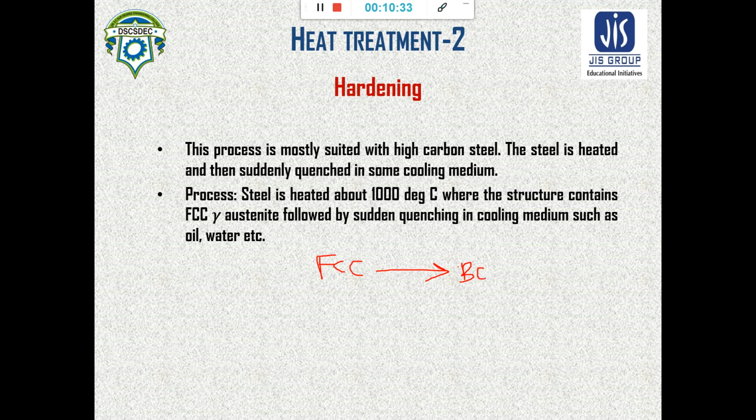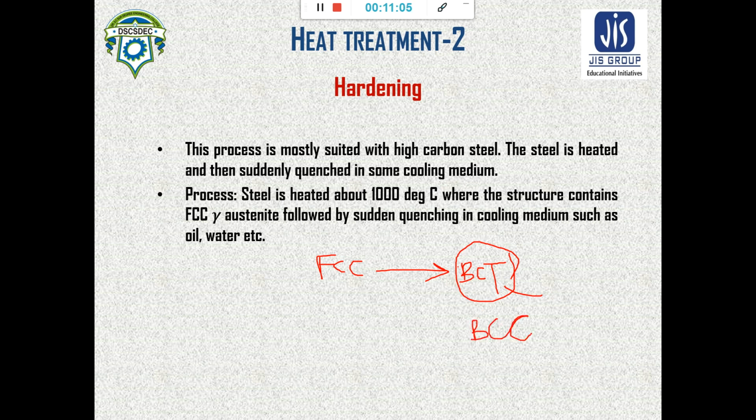But as the time is less, complete formation of the BCC structure iron does not happen. But what can be formed? A BCT structure, or body centered tetragonal structure, can be formed. This BCT structure is harder and more rigid than our BCC structure. BCC means body centered cubic structure.